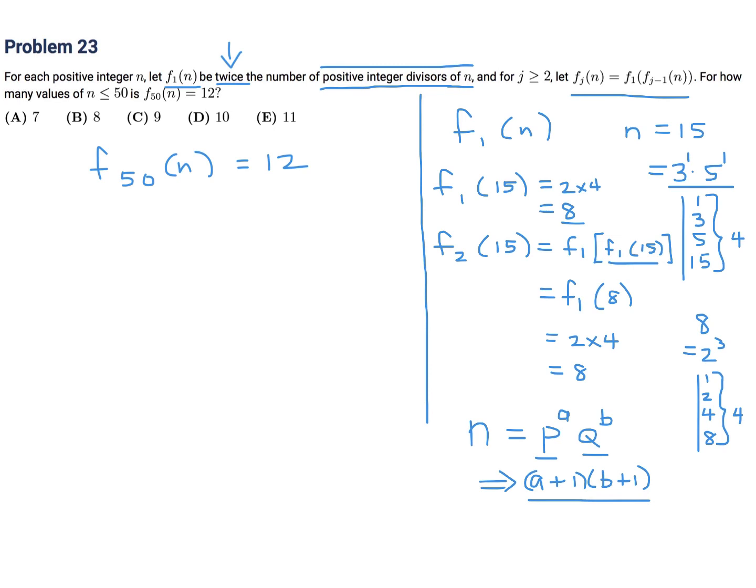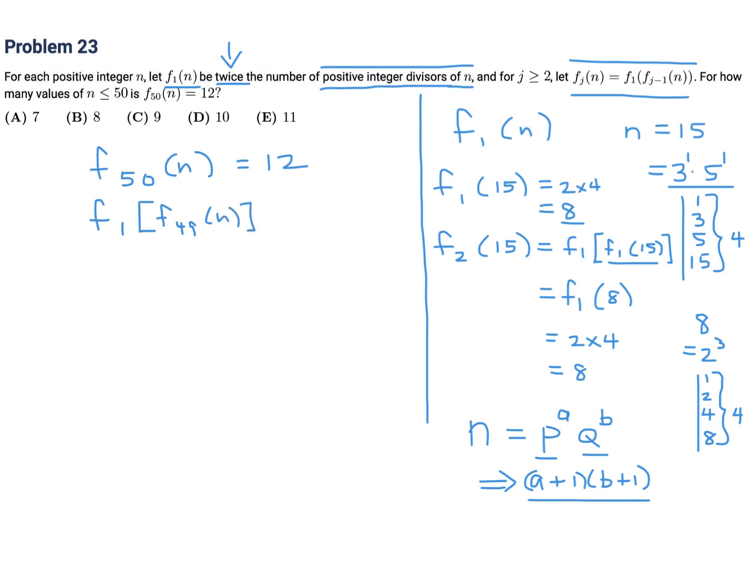We have to understand that this recursive formula will go all the way back to f at 1, using this formula up here. So this would eventually be something like f at 1 of f at 49 of n, like that.